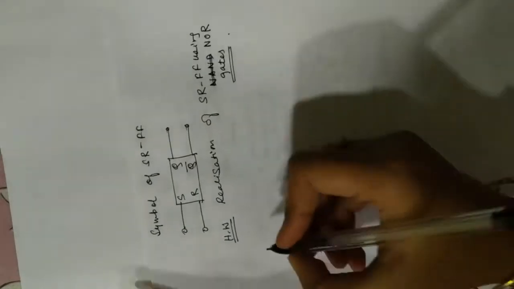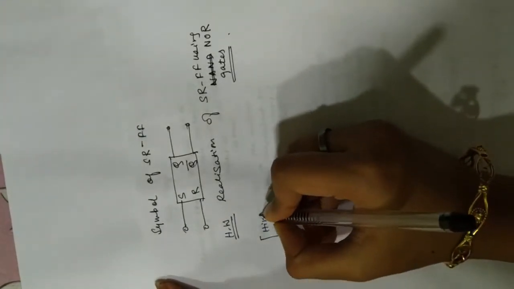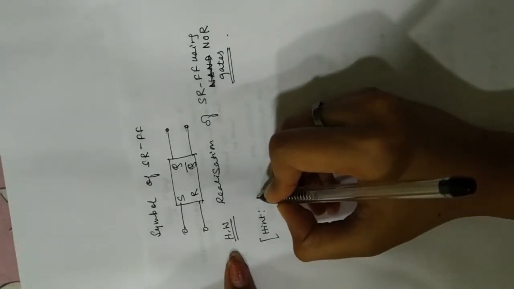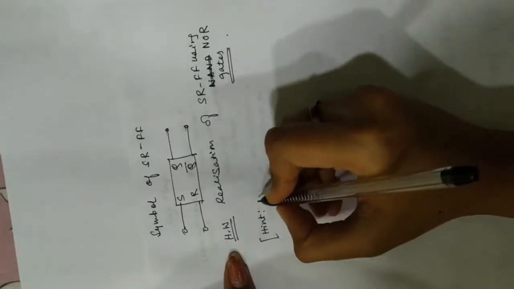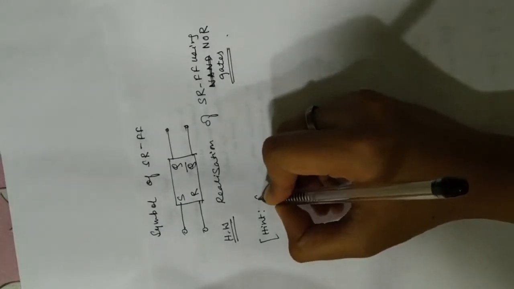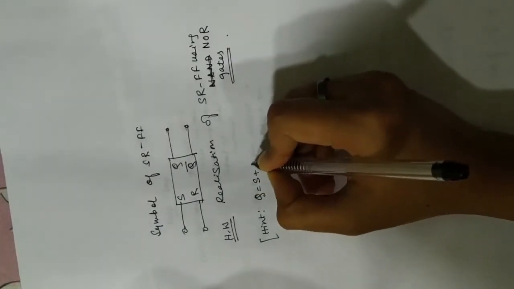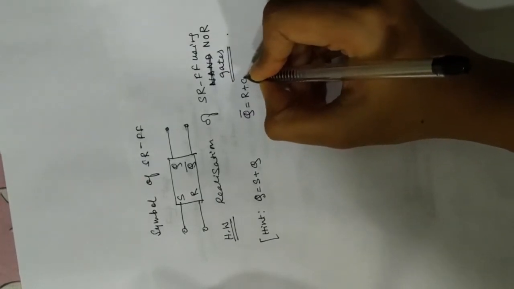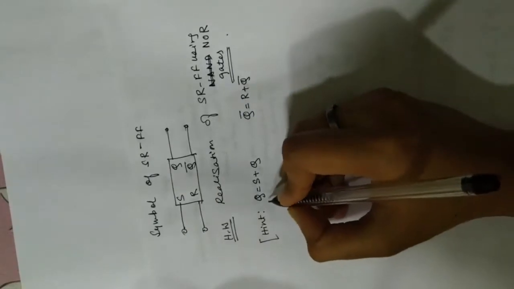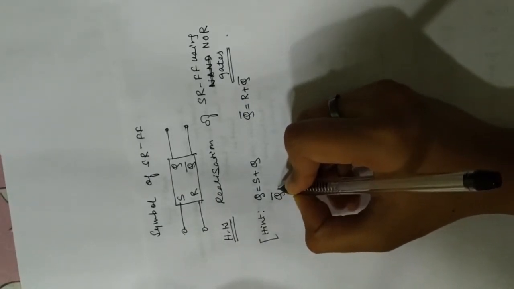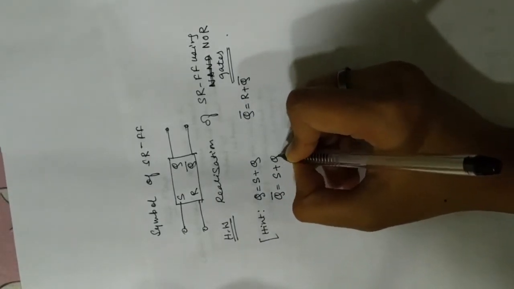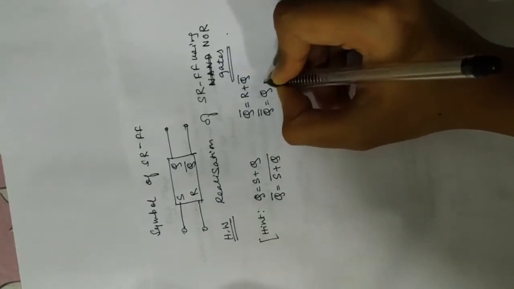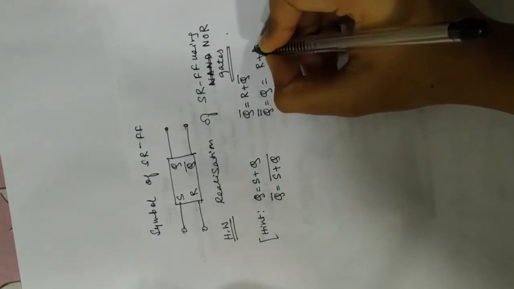In case you want a hint, look at the outputs of the circuit that we have just seen. The outputs are Q equal to S plus Q and Q bar is equal to R plus Q bar, right? So if you bar both these expressions, Q bar comes up to S plus Q, and Q double bar, that is equal to Q, comes up to R plus Q bar.